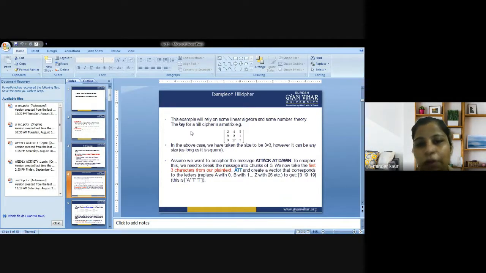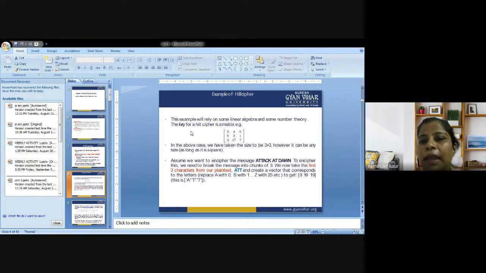We now take the first 3 characters from our plain text, that is ATT. We create a vector corresponding to the letters, replacing A with 0, B with 1, and Z with 25, to get 0, 19, 19.